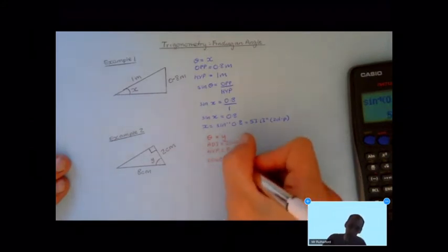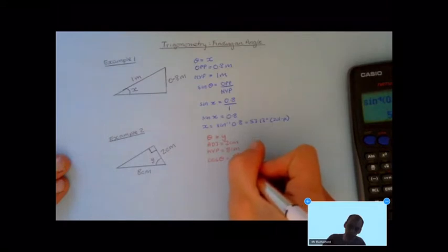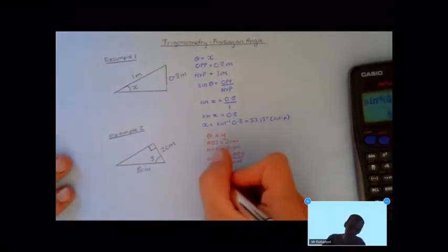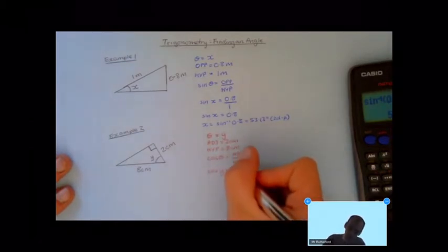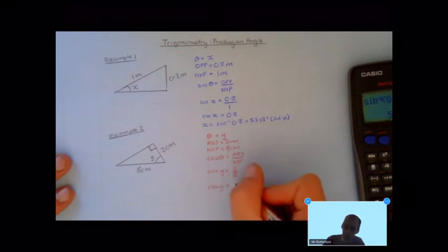So cos theta is adjacent over hypotenuse. If we substitute in, cos of y is equal to 2 over 8. So cos of y is equal to 1/4, or 0.25.